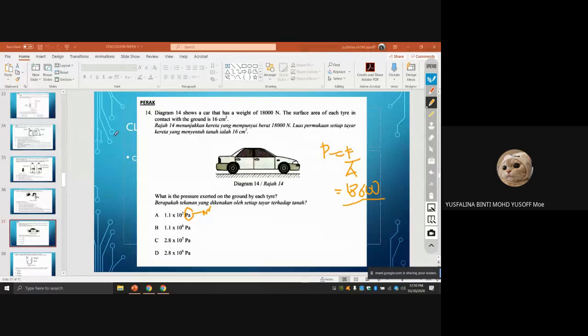How to change cm squared to meter squared? Centi is 10 to the power of negative 2, and since this is squared, you must also square the prefix. So 16 times 10 to the power of negative 4. Because it asks for each tire, meaning only one, we just divide by 16 times 10 to the power of negative 4.